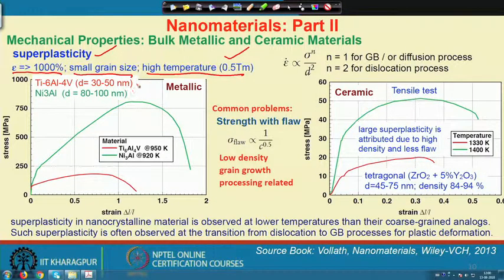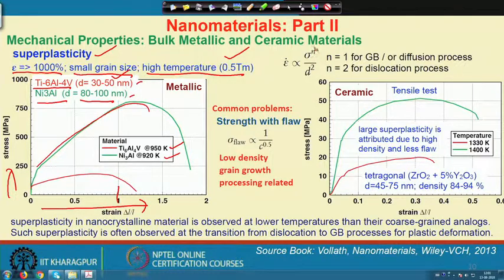I show you two examples: nickel 3 aluminum, which is an ordered structure with an 80 to 100 nanometer grain size, and titanium aluminum vanadium with a 30 to 50 nanometer grain size. You can see the strain is very high, it goes above 1, meaning 100%, and this is the stress level, and so the material flow occurred around, let us say, 920 or 950 K.